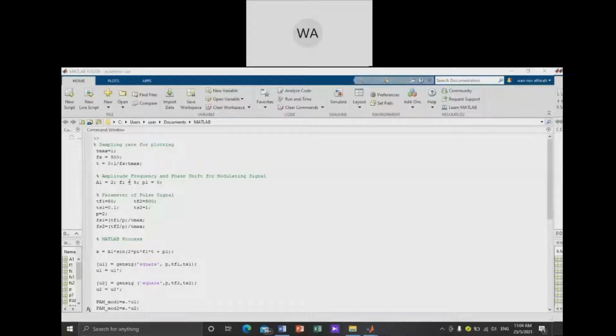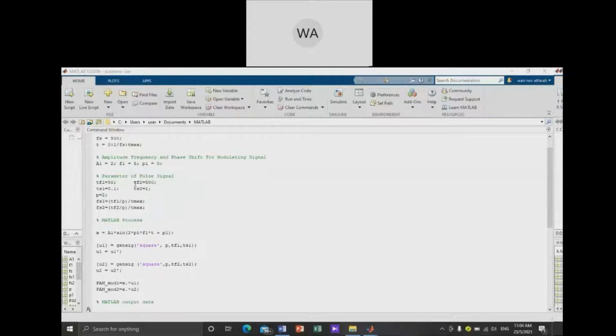Okay, seterusnya ialah amplitude, frequency and phase shift for modulating signal. A1 sama dengan 2, amplitude 1, 2, frequency 1, 5, P1 sama dengan 0. Parameter of pulse signal adalah TF1 50, TS1 adalah 0.1, TF2 500, TS2 adalah 1.